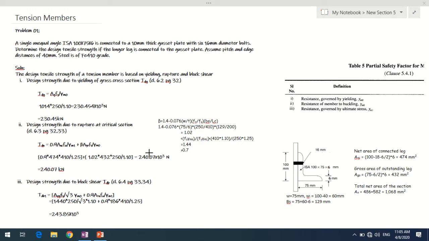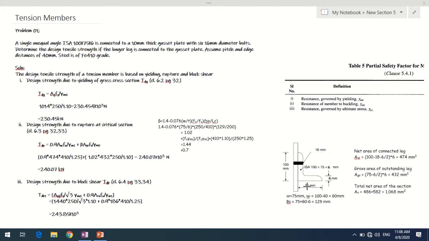Now what is the value of beta? Beta is given by this equation: 1.4 minus 0.076 into w by t into fy by fu into bs upon Lc. W is the width of this outstanding leg, 75 mm, t the thickness of the angle, 6 mm, fy yield stress 250, fu ultimate stress 410. bs is given by this equation: w plus w1 minus t.